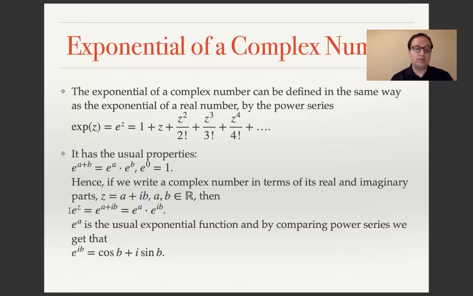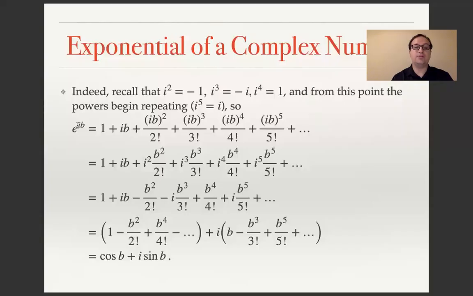Then e to the z is e to the a plus ib, which is e to the a times e to the ib. e to the a is just the exponential of the real number a, and let's see on the next page that e to the ib is equal to cosine b plus i sine b.